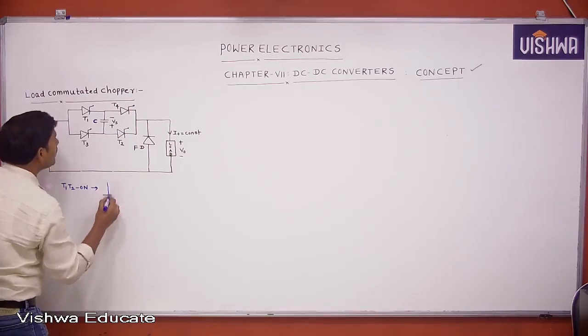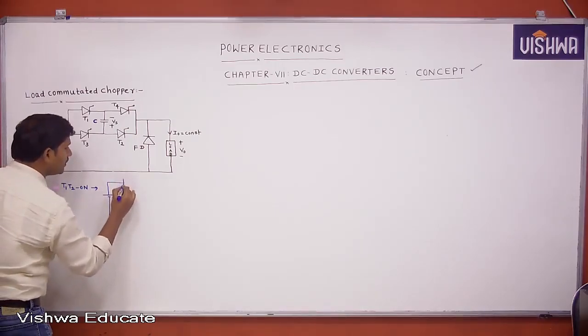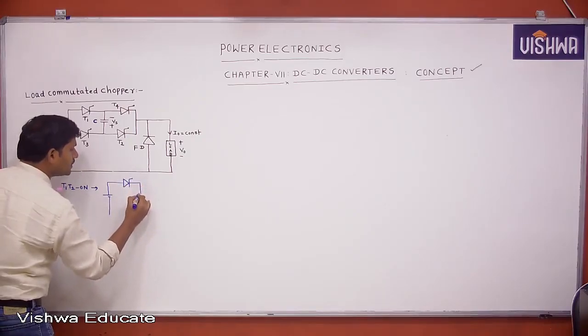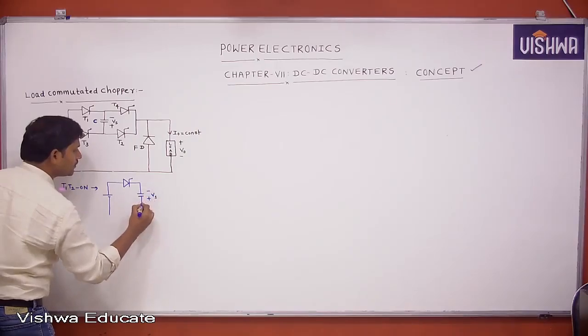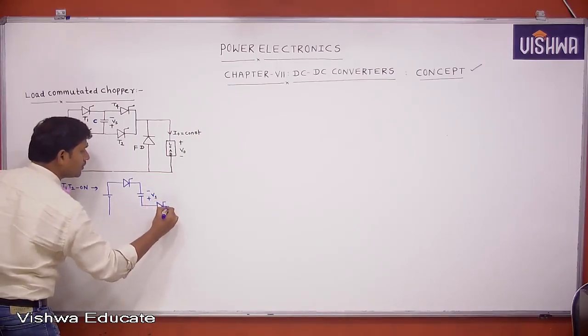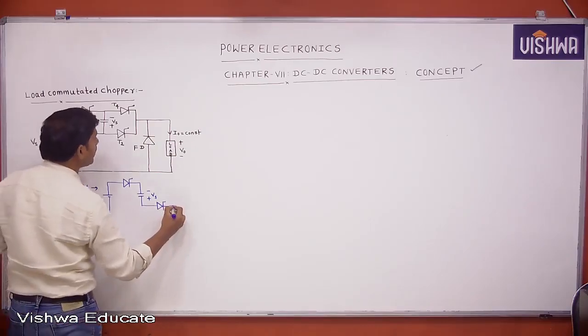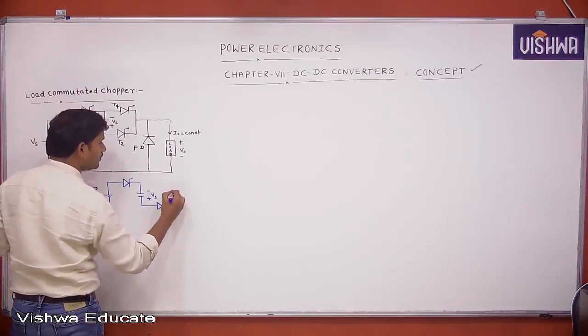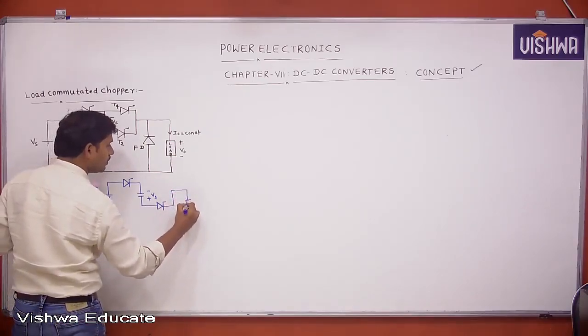The capacitor will discharge like this. This is T1, minus plus Vs, and this is T2, supplying the power to the load. This is the load.